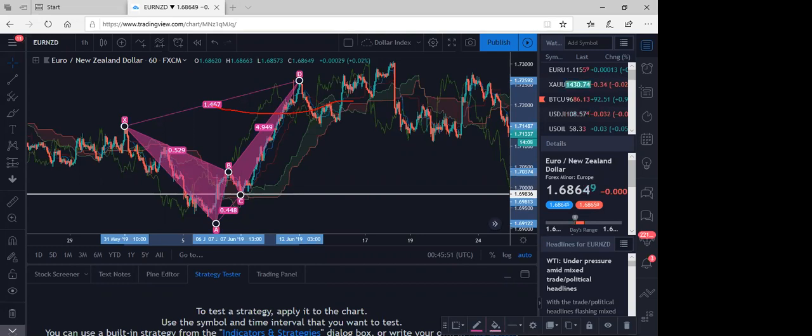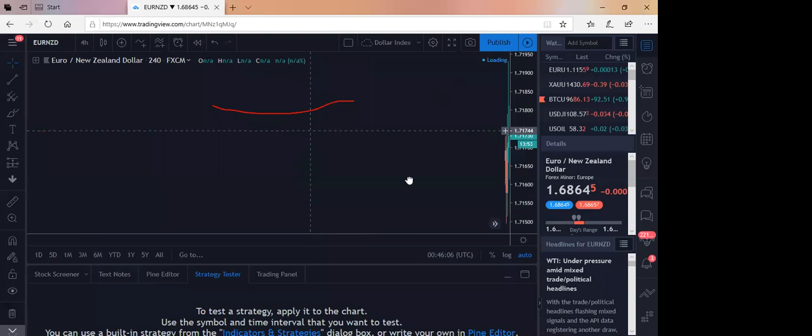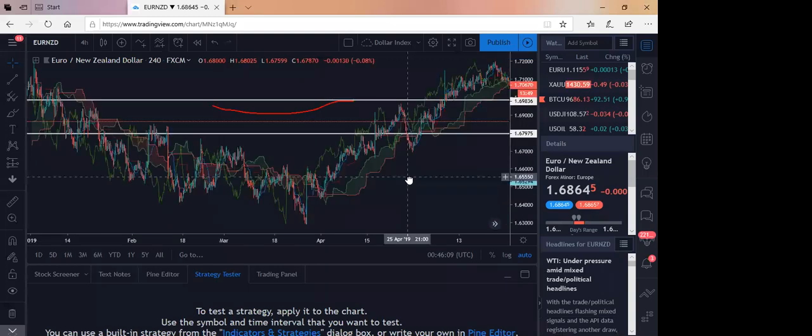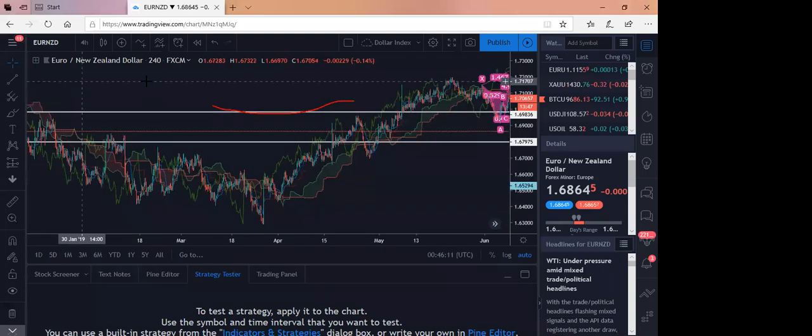So how can you easily determine if it is a bullish or a bearish? You can determine that just by looking at the market. So let's go on the higher time frame. Let's go by the 4 hour. Imagine this right here.